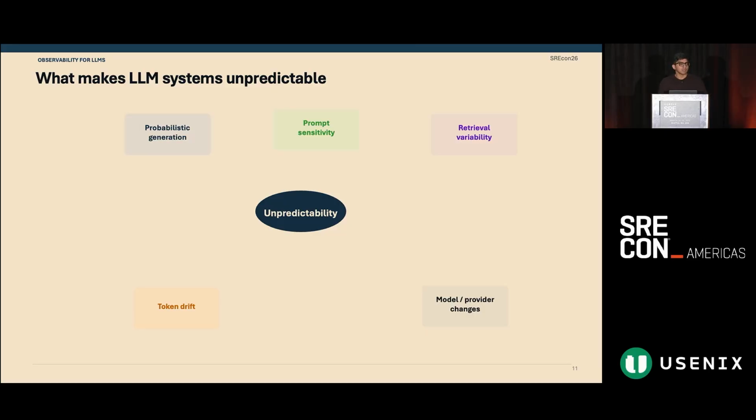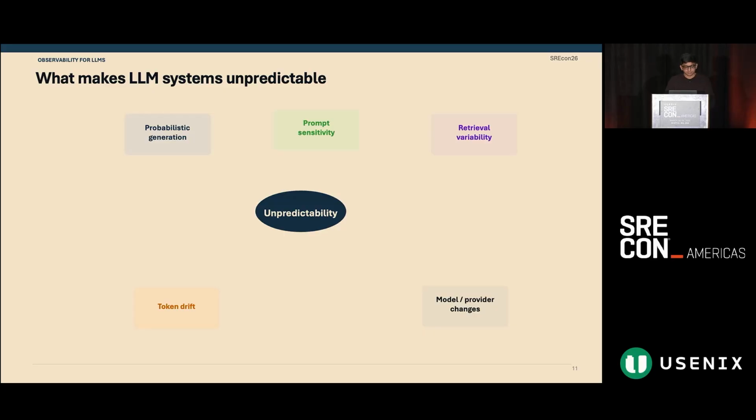Thirdly, two requests can have different context and different documents being injected into the prompt, and that could be because vector database search is actually a nearest neighbor search, so it is not really deterministic.